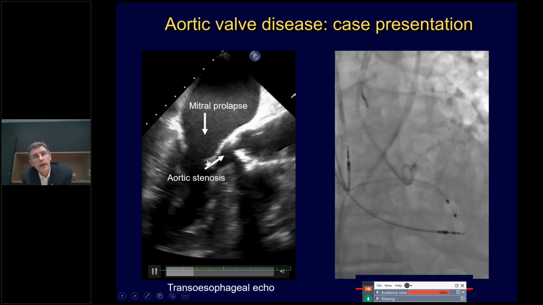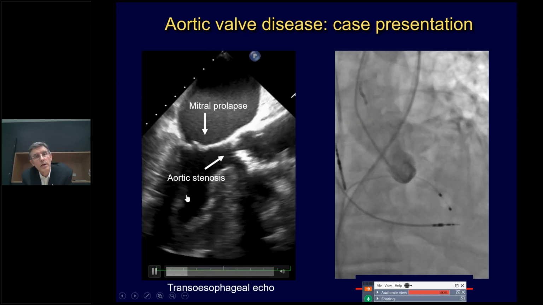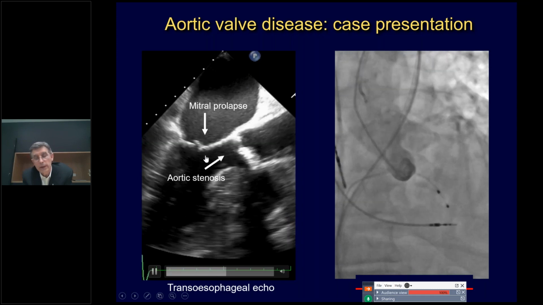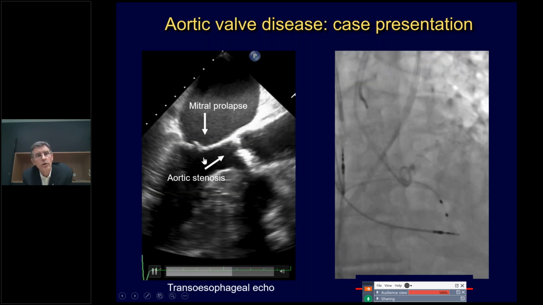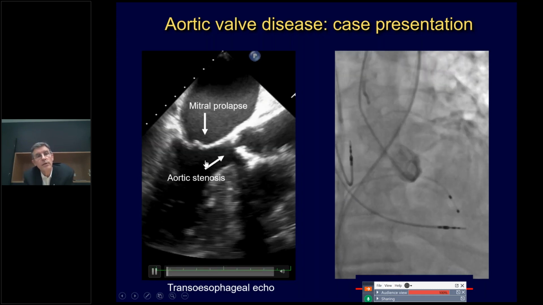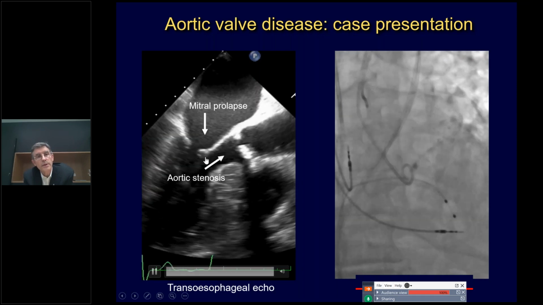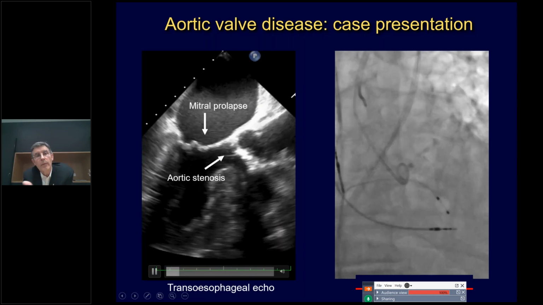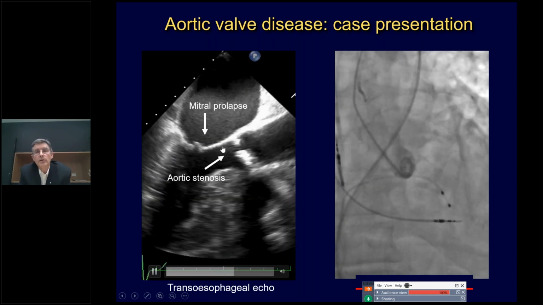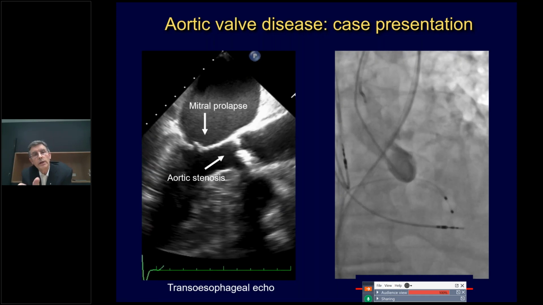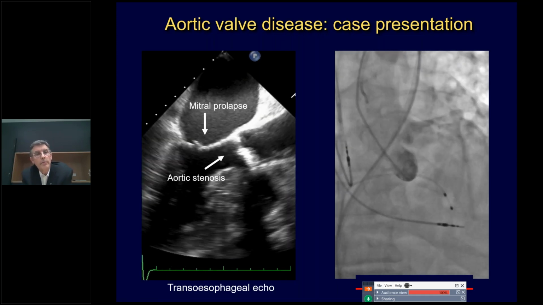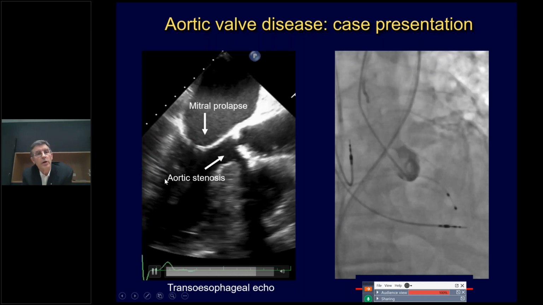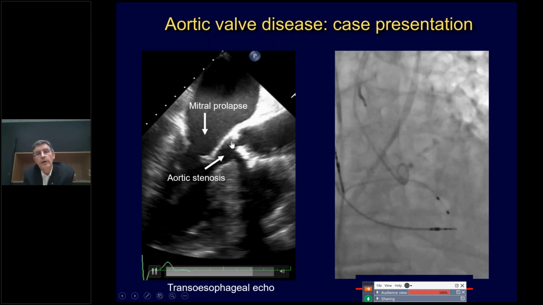So the leaflets are held down in the ventricle by the papillary muscles, which are attached to the leaflets by chordae. Now, if those chordae break or stretch, then the leaflet will prolapse, and then we get failure of coaptation here and mitral regurgitation. So this is an elderly man who has not only aortic valve stenosis, but he's also got left ventricular hypertrophy, which is important, and he's also got an abnormal mitral valve.